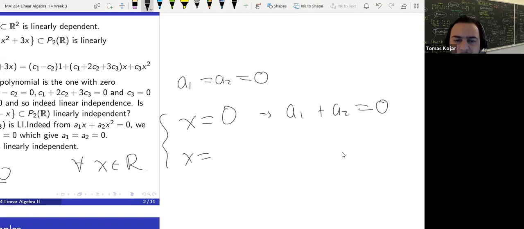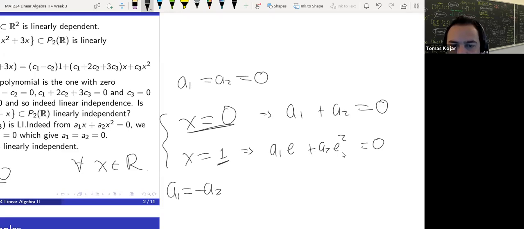Yeah, let's try 1. So what do you get? You get a1 e and a2 e squared. Anyway, the answer is it doesn't matter. You could have put any number here. You just need the 0 and 1. Once you get that, it's done. So you have a1 minus a2, and you plug that into the system.